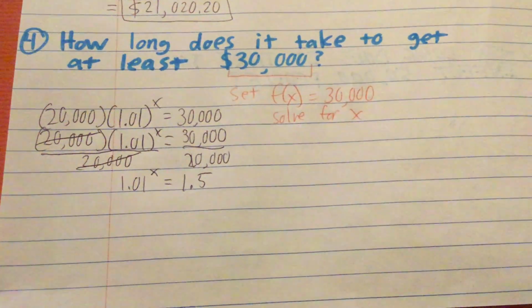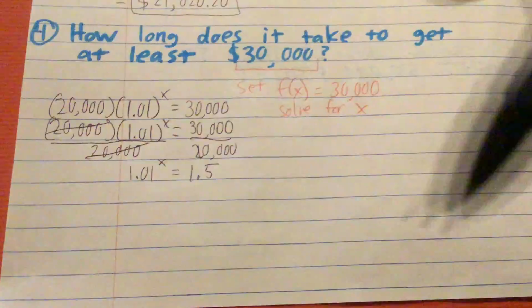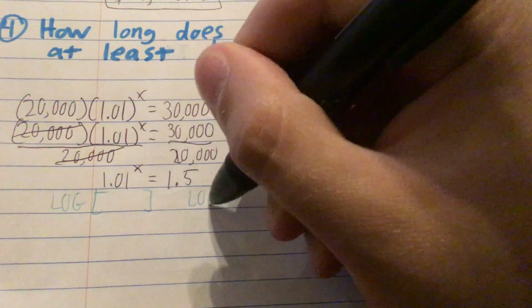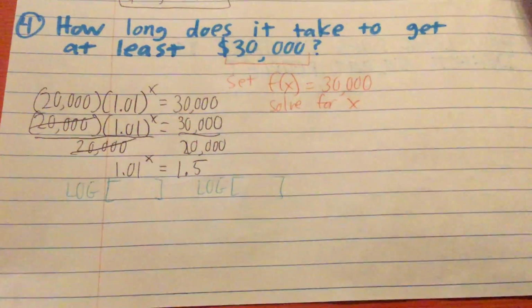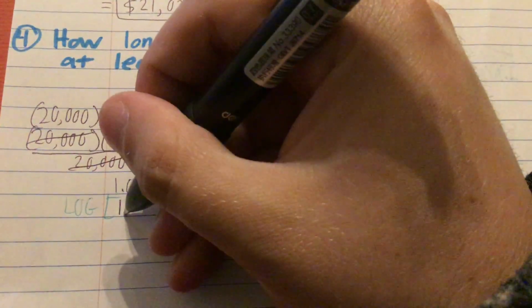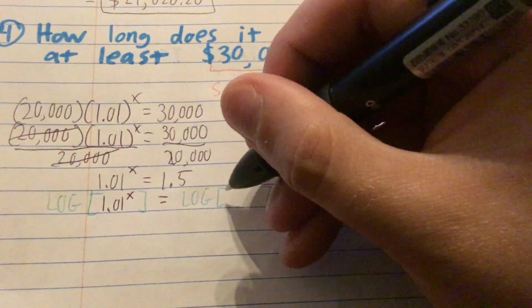Now what do I do to solve for x? I'm going to log both sides of the equation, because that log allows this exponent to fly to the front. So log of 1.01 to the x power is equal to log of 1.5. So what that does is that makes this x fly to the front using the power rule.